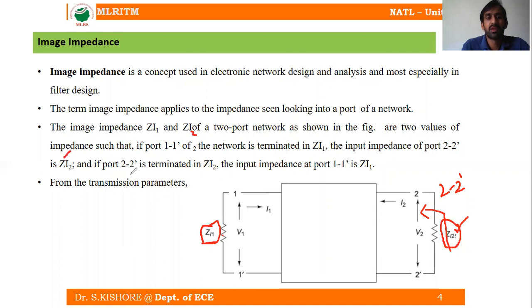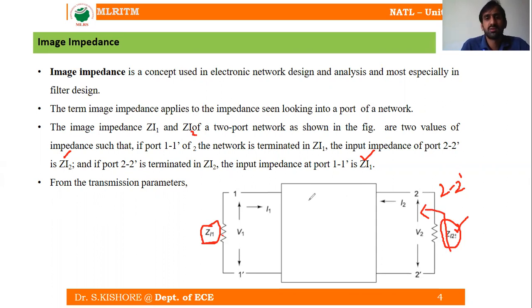And the same, if port 2 dash is terminated in ZI2, then the input impedance at port 1 dash is going to be ZI1. So this is the definition of your image impedances.